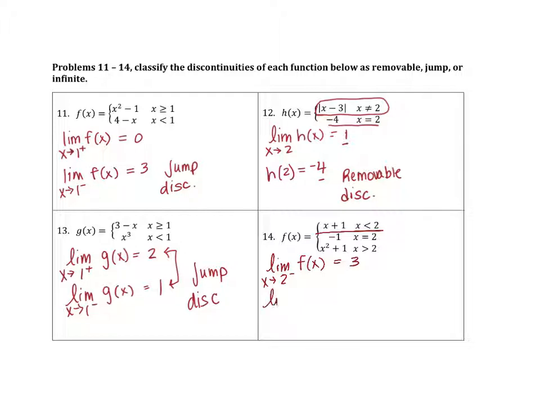If we look at the limit as x approaches 2 from the right of our function, that means that we are going to be down here, all of these values to the right of 2. And so that's going to give me 5. And then notice this little middle part right here, that's just talking about the actual function's value at 2, which is -1. So again, our one-sided limits do not equal each other, so this would be classified as a jump discontinuity.